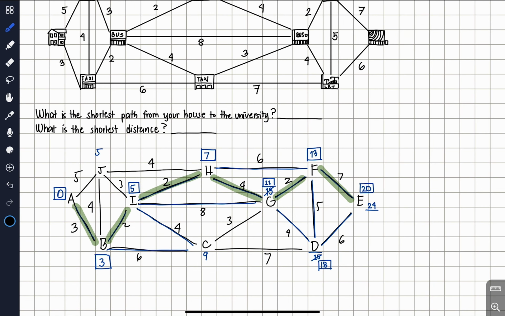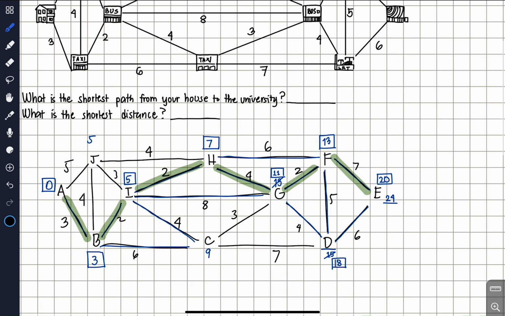What is the shortest path from your house to the university? We can say that the shortest path is from A to B to I to H to G to F, then finally E. There we go.